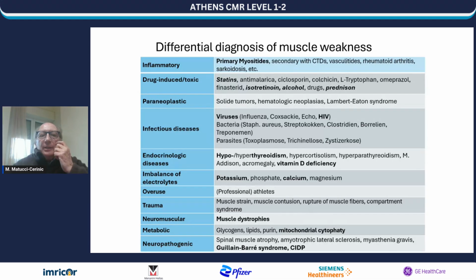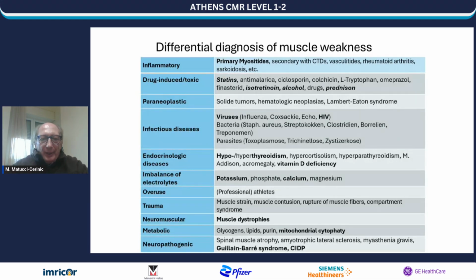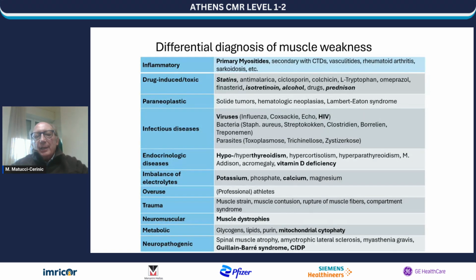And you see here the panel of the whole differential diagnosis that we have to investigate when we are dealing with this kind of patient. Because you see that obviously here there is a whole panel where you have toxicity, for instance, statins, then you have cancer, and we should speak about this later.